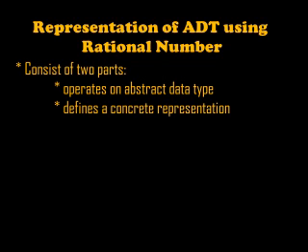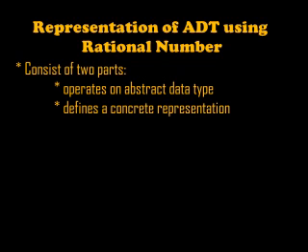Abstract data type means the basic functions of the program, that is the entire program, the whole part. The concrete part explains each individual part of the program, a clear definition of each line of the program.